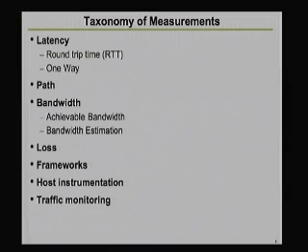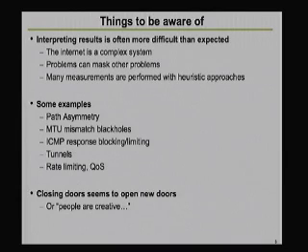Okay, moving right along. I think everyone would probably agree that the internet's a fairly complex system, and as a result, when you're measuring it, it's difficult to know exactly what it is that you're measuring. There are many different things there, and another thing to realize is that a lot of these measurements are made at a heuristic level.